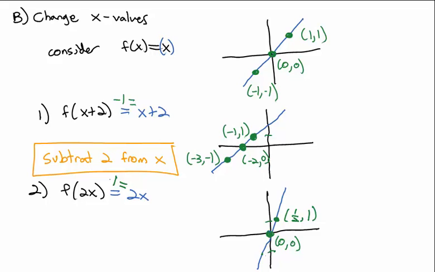Similarly, if we do a y-coordinate of negative 1 and divide both sides by 2, we find out that x is negative 1/2 when y is negative 1. So notice from the original graph, again, we've kept the same y values and looked at how the x values changed. The x values went from 1 to 1/2, and from negative 1 to negative 1/2, and from 0 to 0.